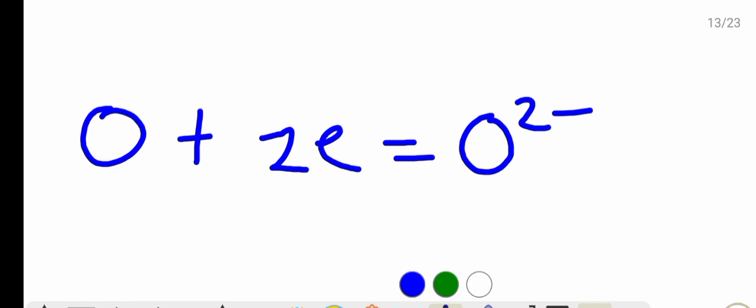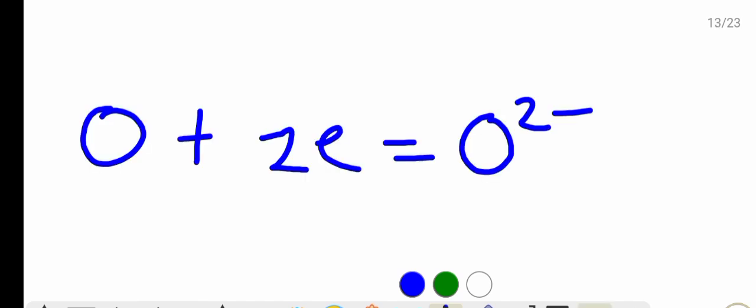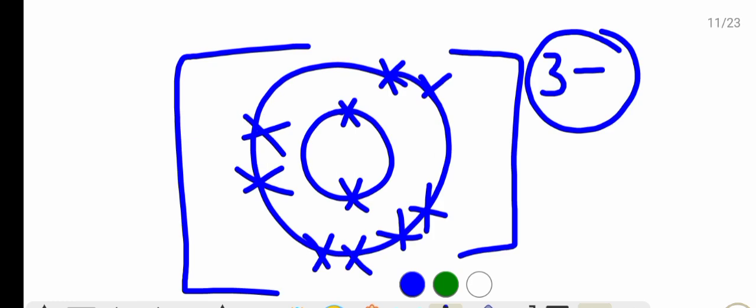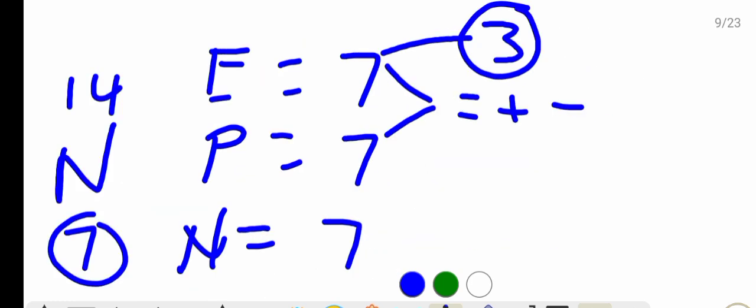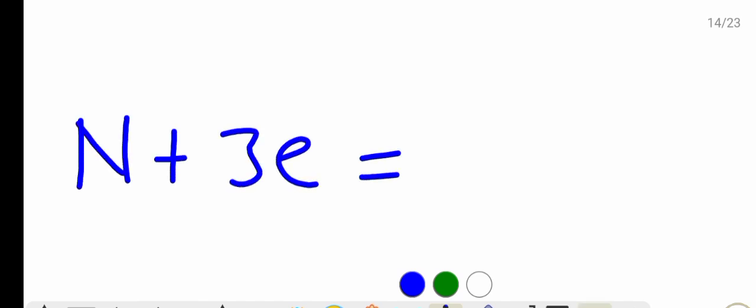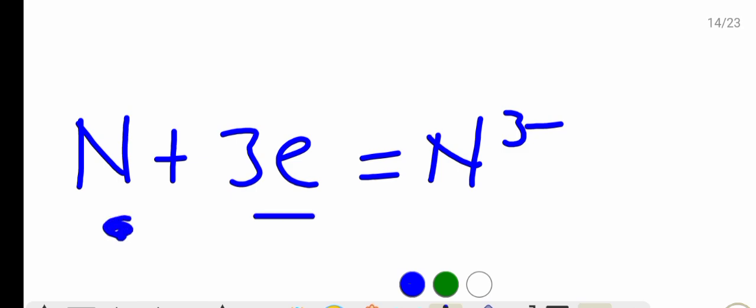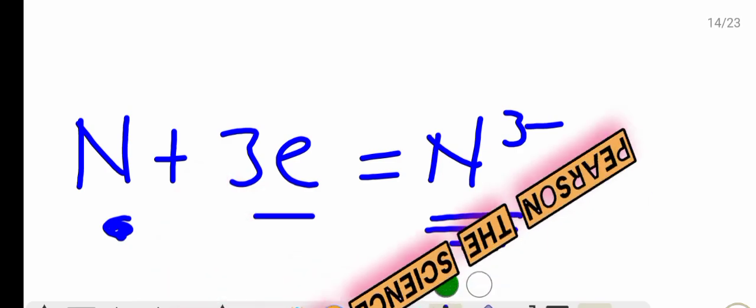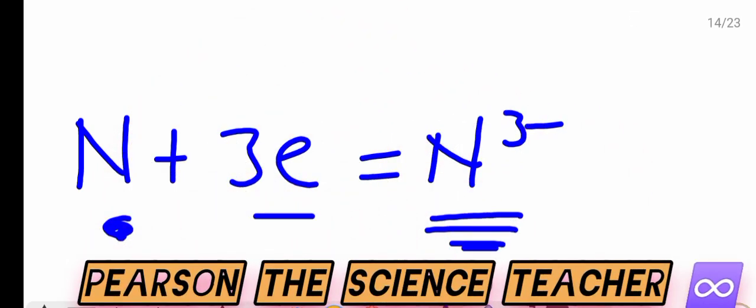The last one was nitrogen. So what we're saying is nitrogen plus 3 electrons. What we end up with is nitrogen 3 negative, like that. So when you add 3 electrons to this neutral substance, you have it stable, like that.